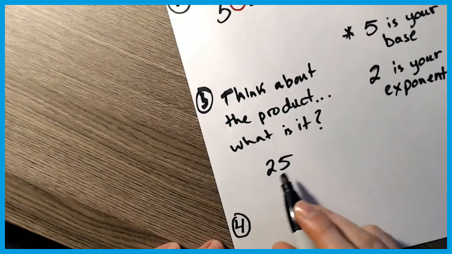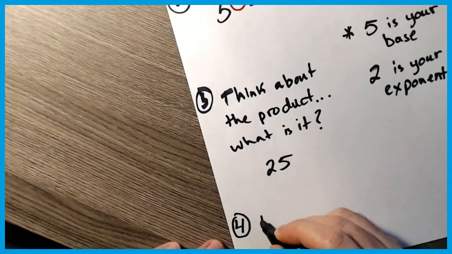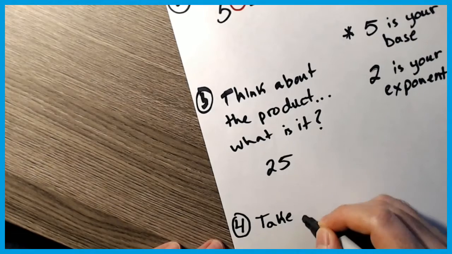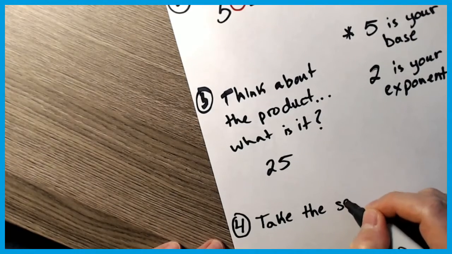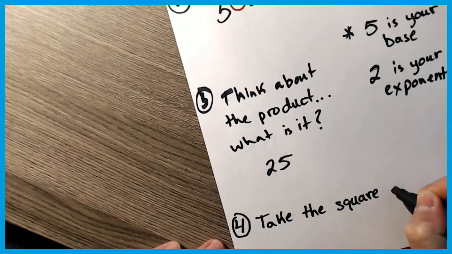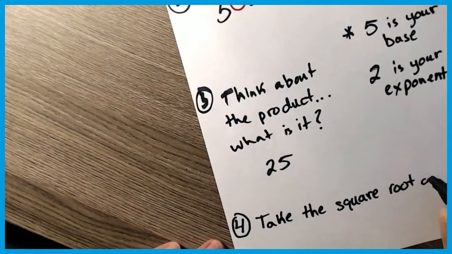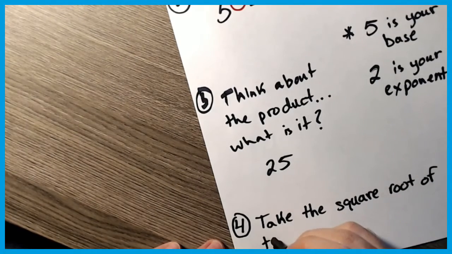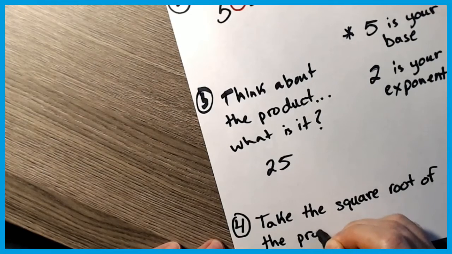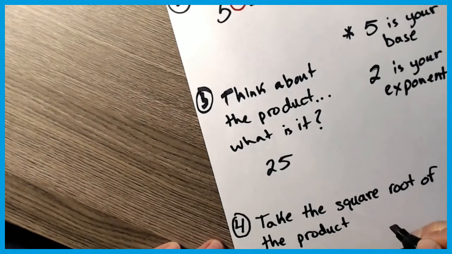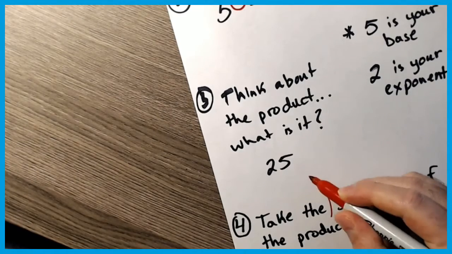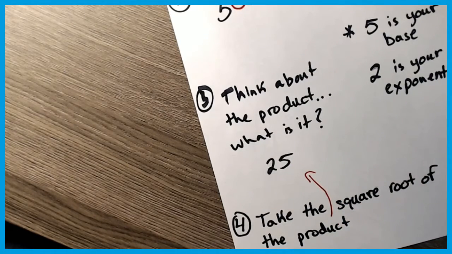Now, next step in our scenario, what if I told you to take the square root of the number we just found that we said is the product? Well, I'd be telling you to take the square root, again, of that number there.